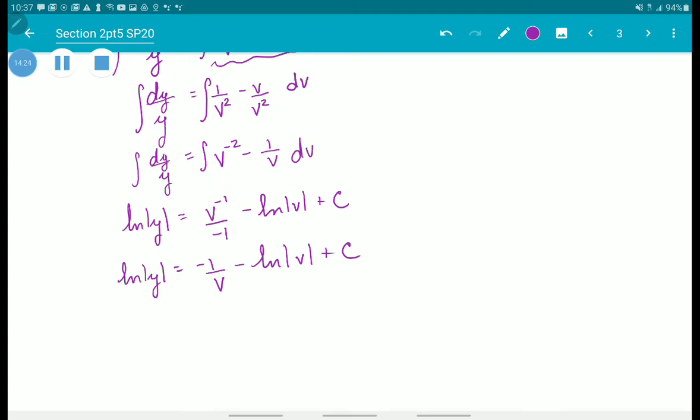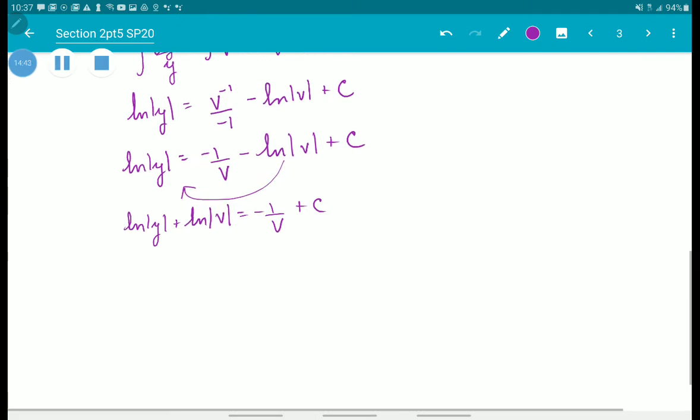And then let's combine the ln terms. Our goal is going to be to solve this guy for y if we can. So I'm going to move this over to the other side. And we know we can combine those ln's.